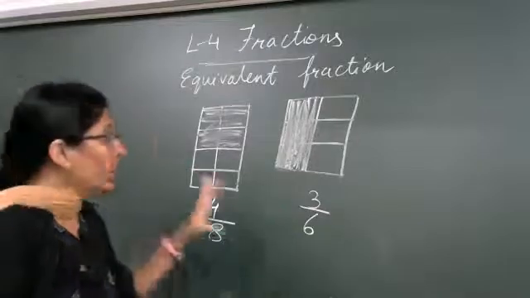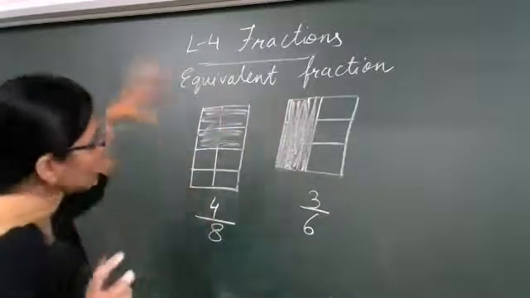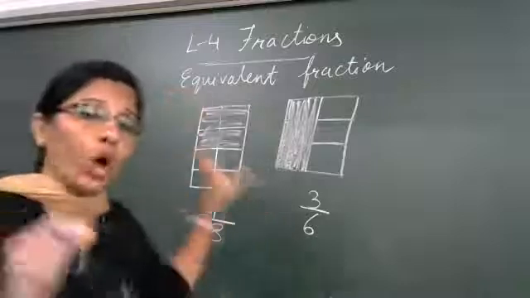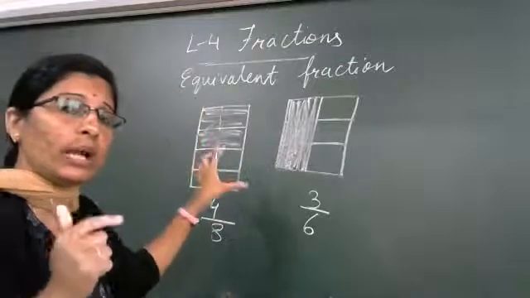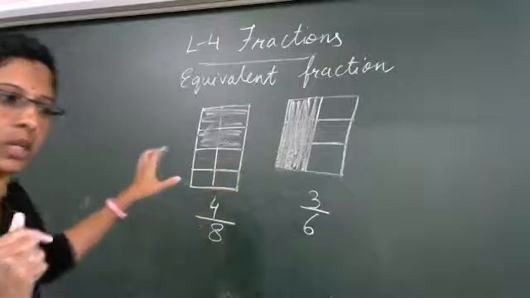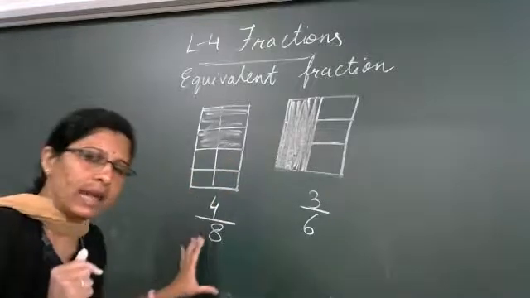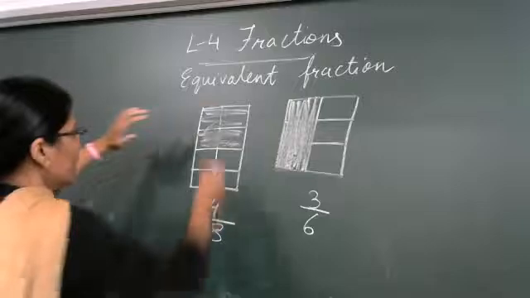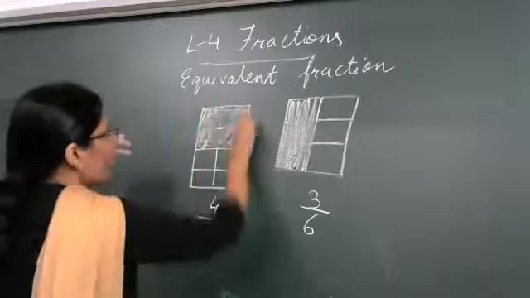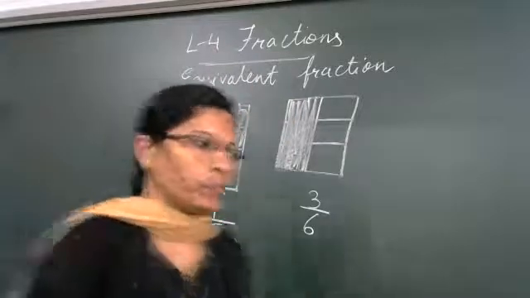Okay. Now, this you have removed and kept. But by seeing this, what can you observe and understand? Can you tell me? Fractions are there, but here you can see half part is removed, and here also half part is removed.